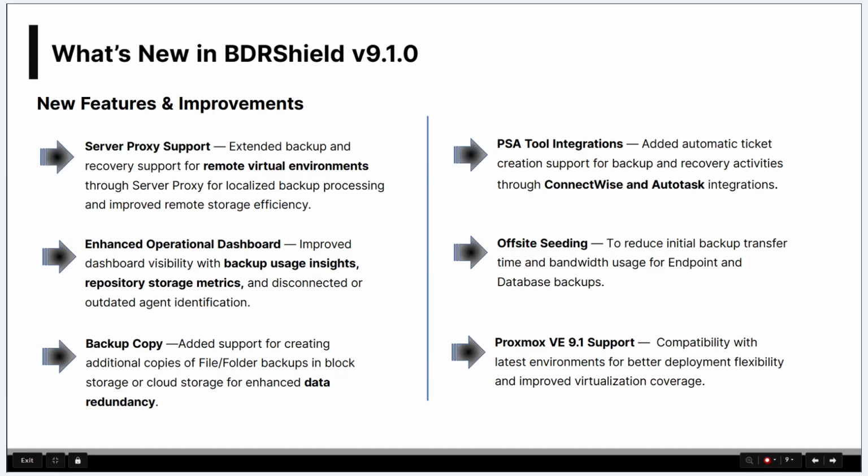People who have been using BDRShield 820 would come across a word called server proxy. This server proxy is a light agent, or I would say an extended version of the backup server itself. So this would help you take a backup of your remote virtual environments.